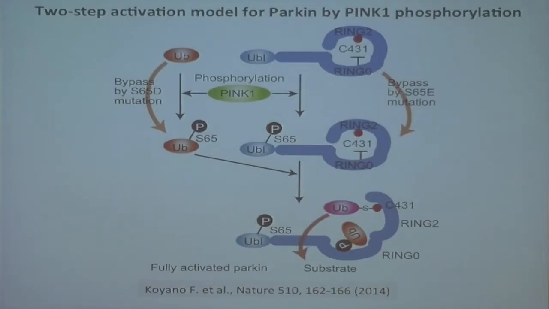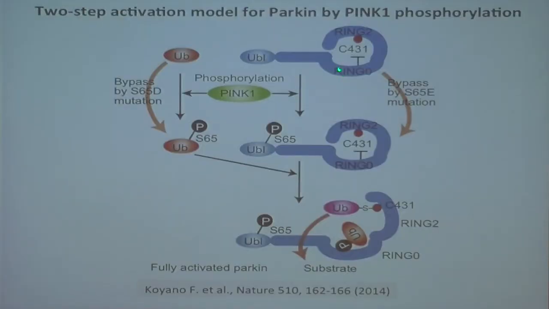And quite recently, just 2 months ago, we succeeded in identifying the mechanisms of activation. Initially we found, and another group also found, that Parkin is phosphorylated at the N-terminal ubiquitin-like domain. But in this case, activation was only partial.